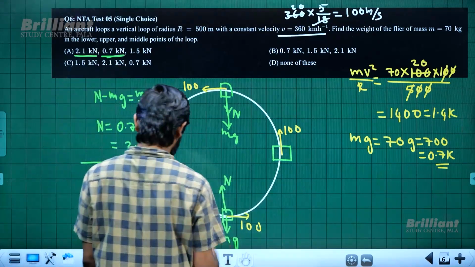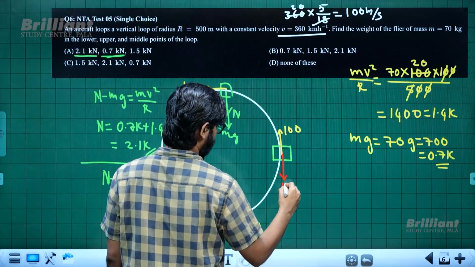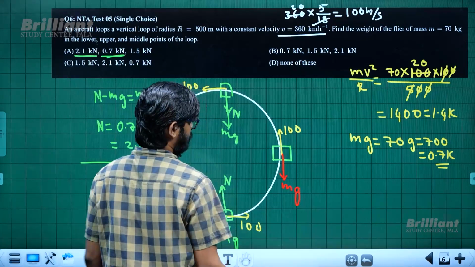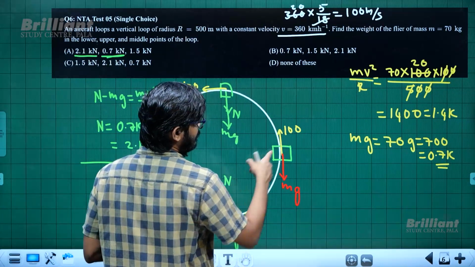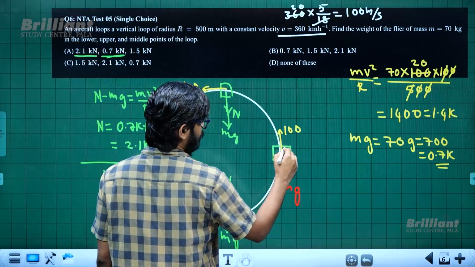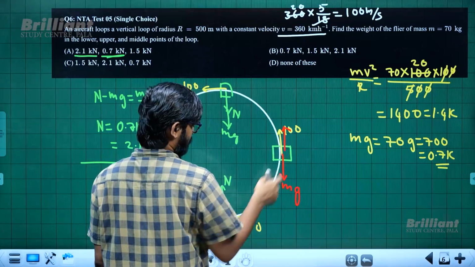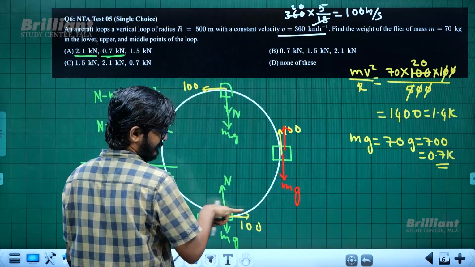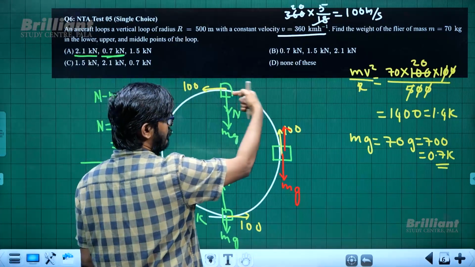Now what about this particular position? At this particular position mg will be this way. Now it is moving with constant velocity, so net force in the tangential direction must be 0. Here it is already 0. Here there is no one to pull it, so we are not applying any force. Here also there is no one to pull, so we are not applying any force.